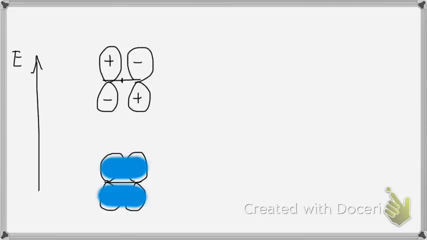What's shown here is the overlapping of the p components to give the first molecular orbital, and we call it the pi1 orbital.